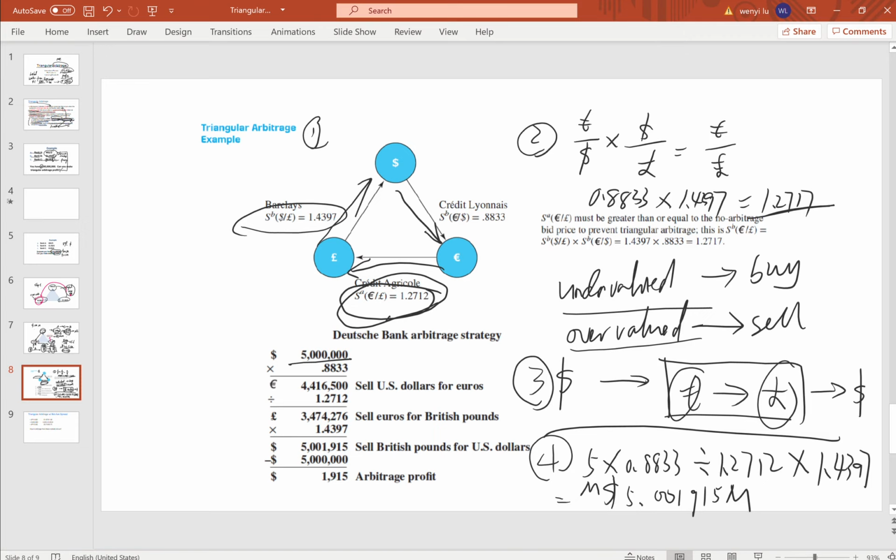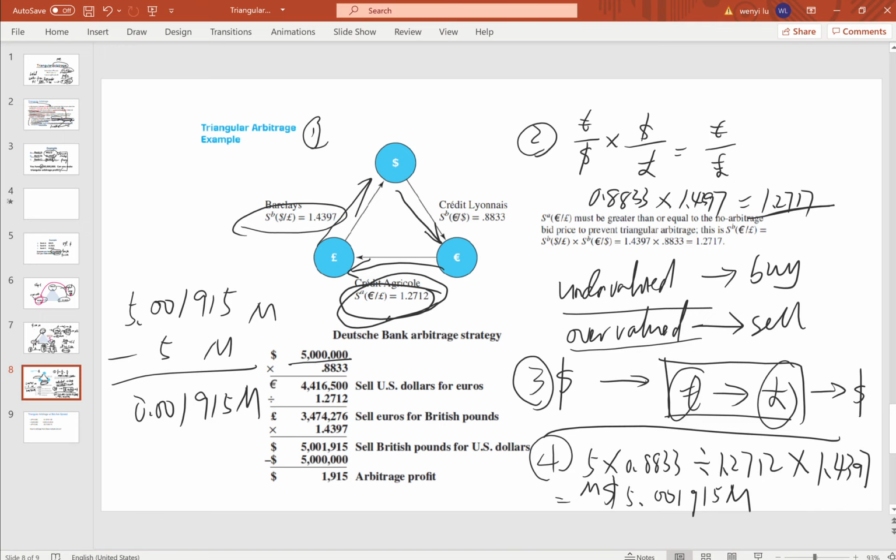So your profit will be the difference between your final amount of dollars minus the initial money you put into this arbitrage opportunity. So the difference will be 0.001915 million what? Dollars. Don't forget our currency symbols, right?